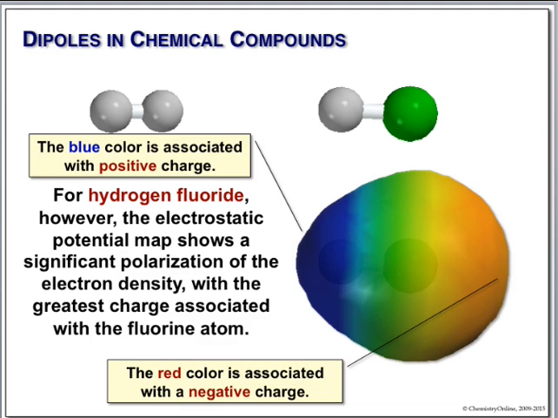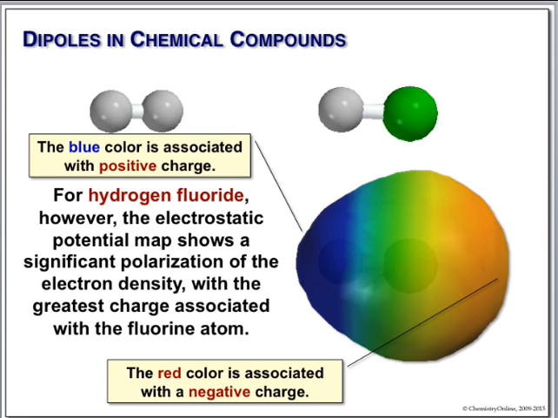When we do electrostatic potential maps, the convention is blue will represent a positive charge or an electron deficiency.